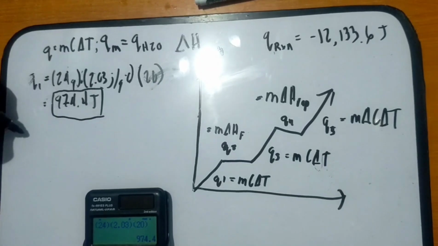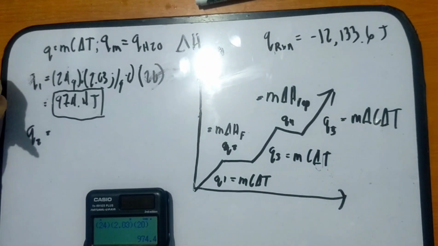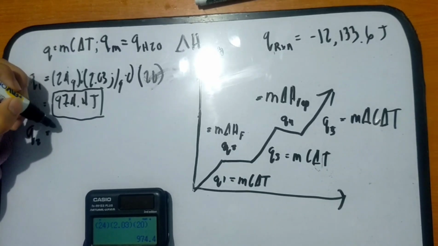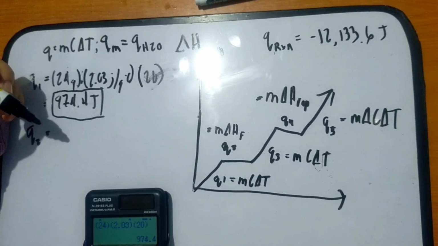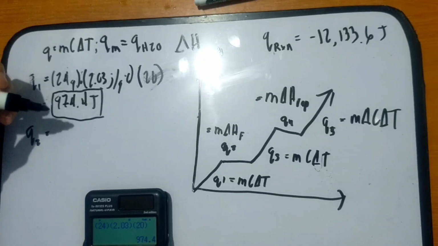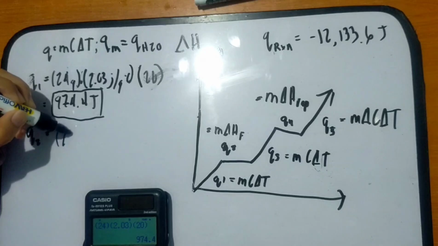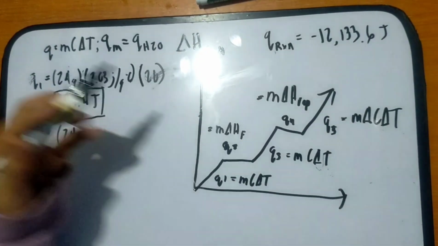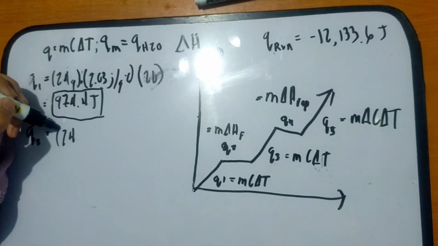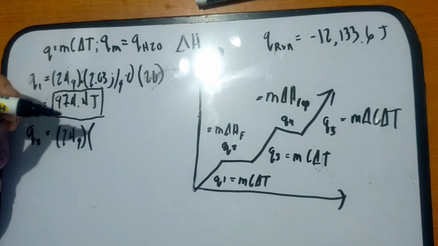Yun, solve naman natin ang ating Q2. Ang ating Q2 is M, okay? Mass times the enthalpy change. So, enthalpy of fusion of ice, which is given natin, which is 24 grams, diba? So, 24 grams again. So, ito formula nito, HF. Then, yung isa naman is the heat fusion.